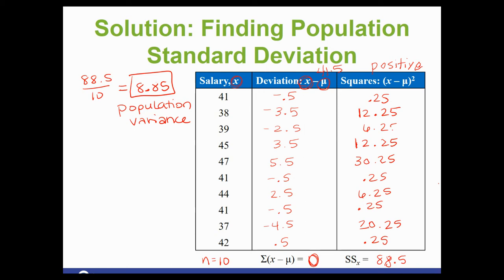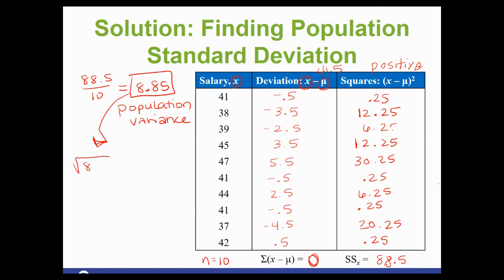Now, this is not in the same units as our original problem. This is a good stopping point to just point it out, name what it is, but all of our problems are going to take it one step farther. The goal for us is to find that standard deviation. So the next thing you need to do is take the square root.